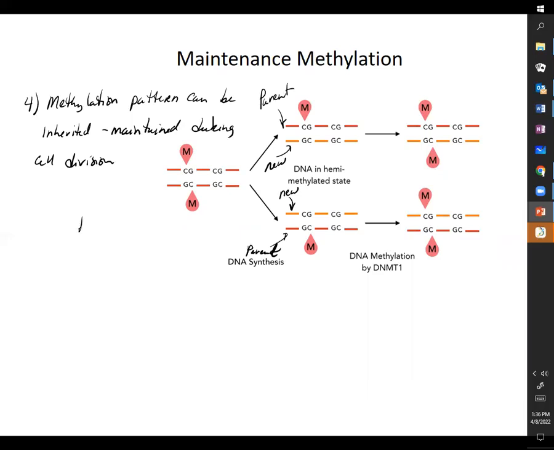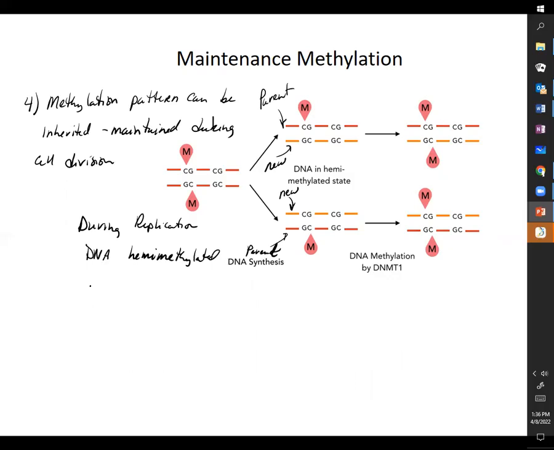So during replication, DNA is hemimethylated, meaning one strand is methylated, the other is not. The strand that's methylated is the parental strand. And that actually serves as sort of information.